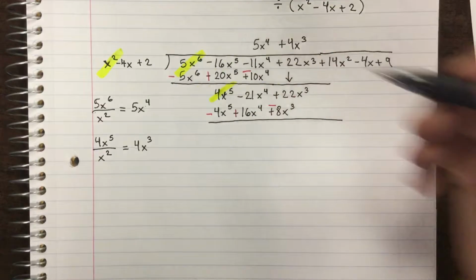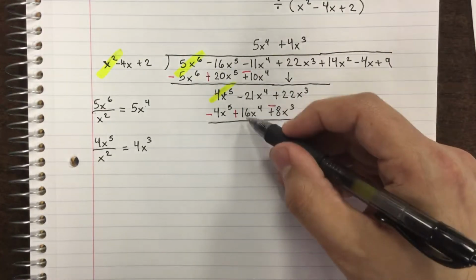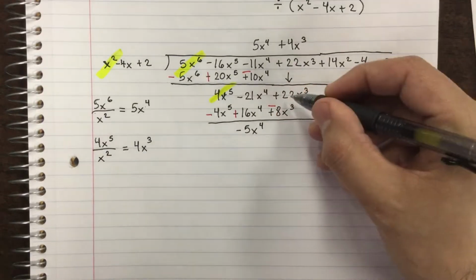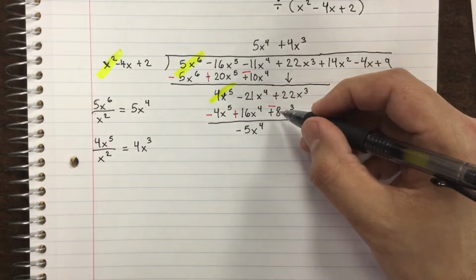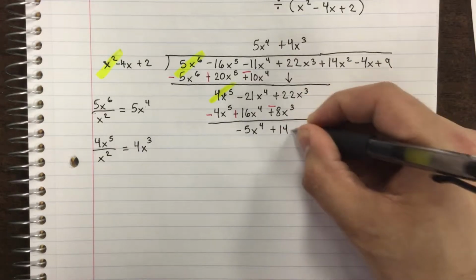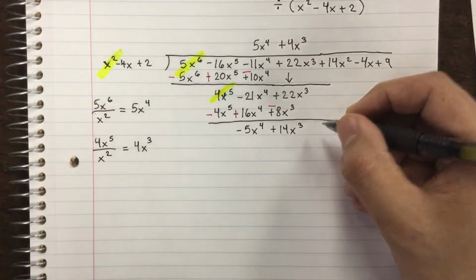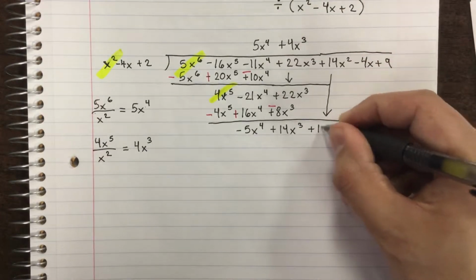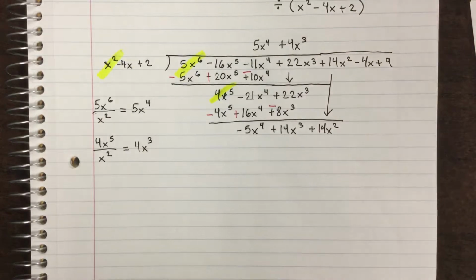So that's 0. Perfect. That is negative 5x to the 4th. 22 minus 8 is 14. Positive 14. And then we drop down the x squared from above. Okay?